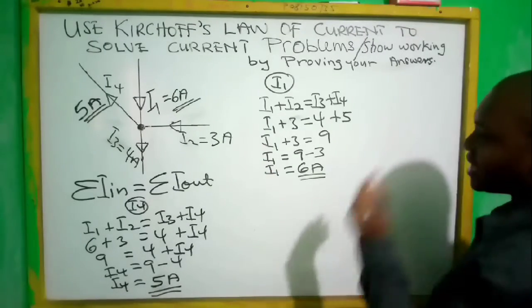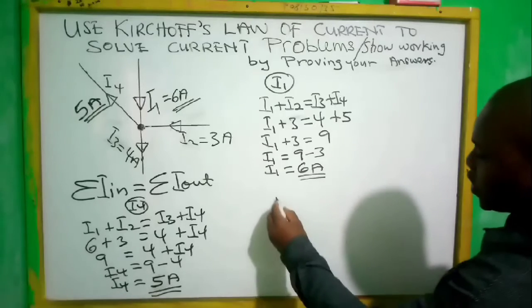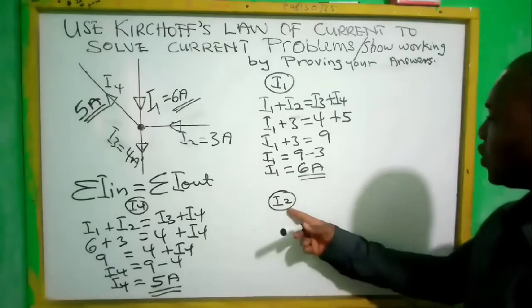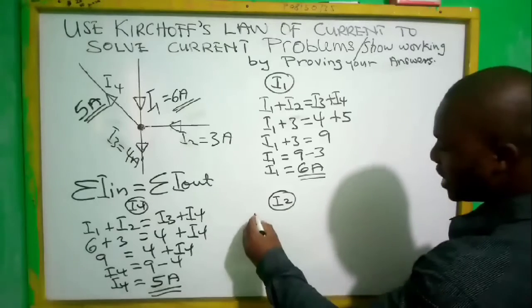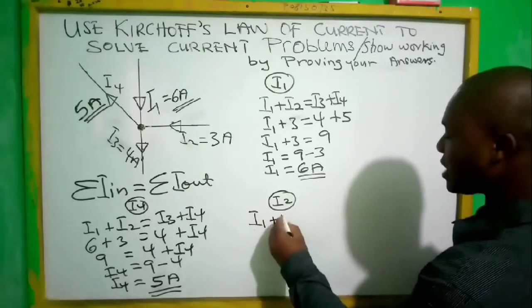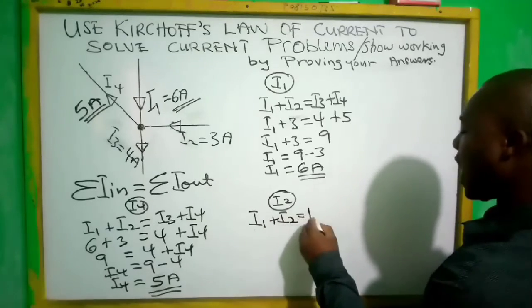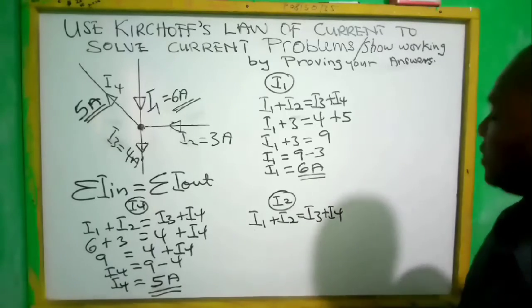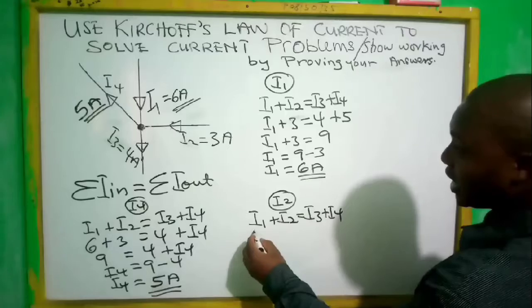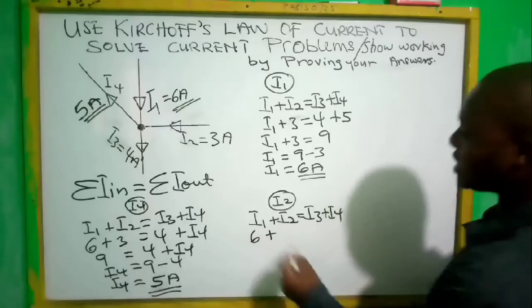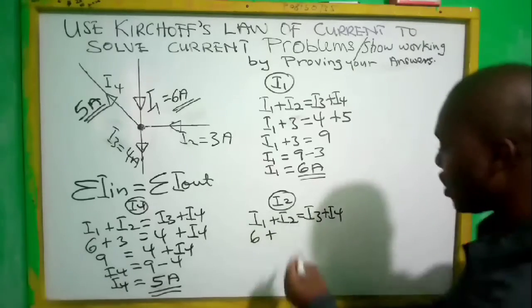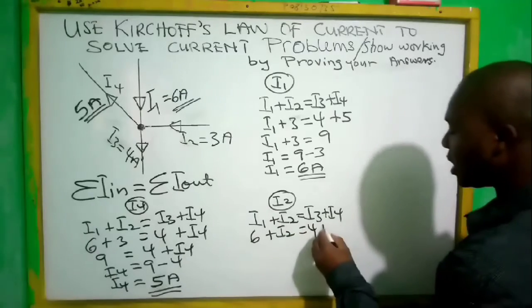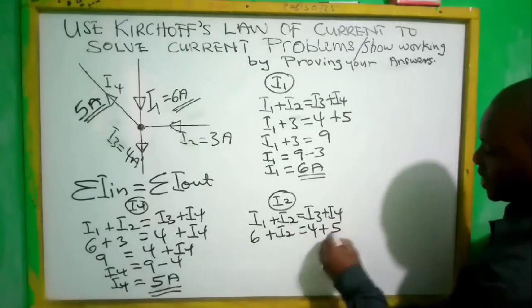All right, so let's assume that I2 is unknown. You put the formula I1 plus I2 is equal to I3 plus I4. So I1 is 6 plus I2, and I3 is 4, I4 is 5.